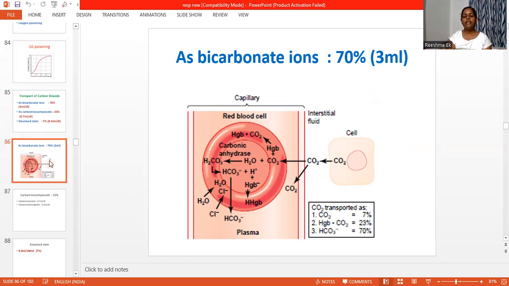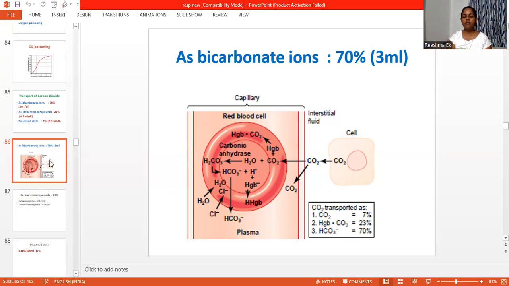This is the explanation of transportation of carbon dioxide as bicarbonate ions. The amount of carbon dioxide transported as bicarbonate ions is 70%. You can see the cell in the slide. Inside the cell, by some metabolic processes, carbon dioxide is eliminated as waste product.